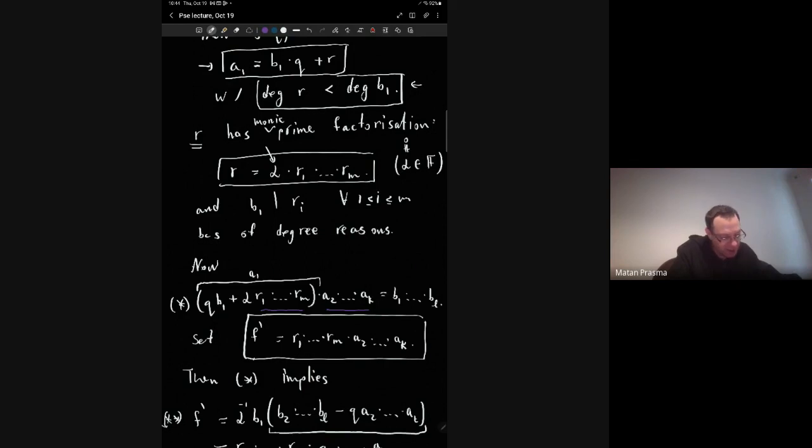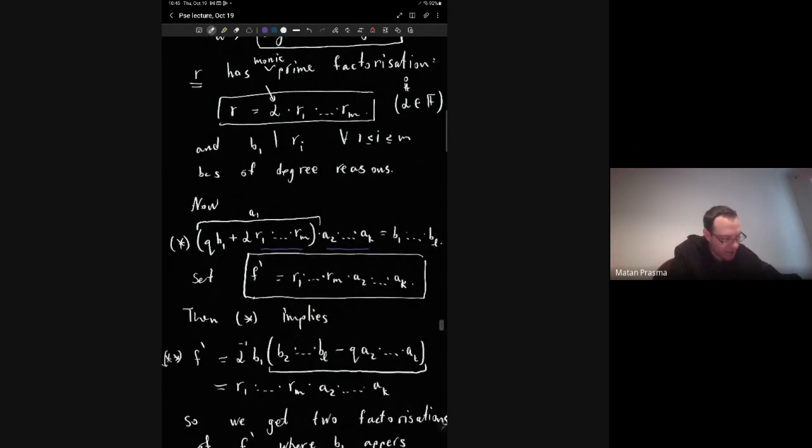And now I define F prime to be basically the product of the purples, R1 up to Rn times A1 up to AK. And I claim that this equation star, in fact, gives me two different factorizations of F prime.